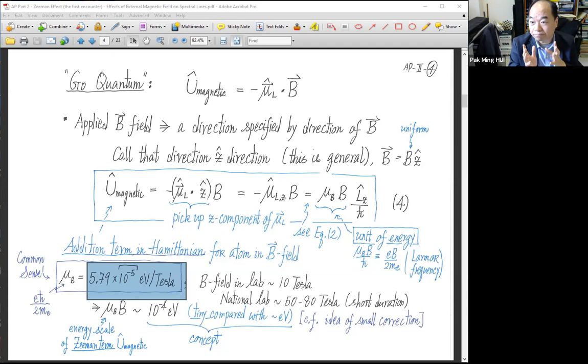That's about it. That should be compared with the transition, say n equals 2 to n equals 1. That is a 10 eV transition. Okay, you get the point? Originally, it's 10 eV. If I add some effect into it, I know there may be some splitting here, but the splitting in n equals 2 is of the order of 0.001 eV.